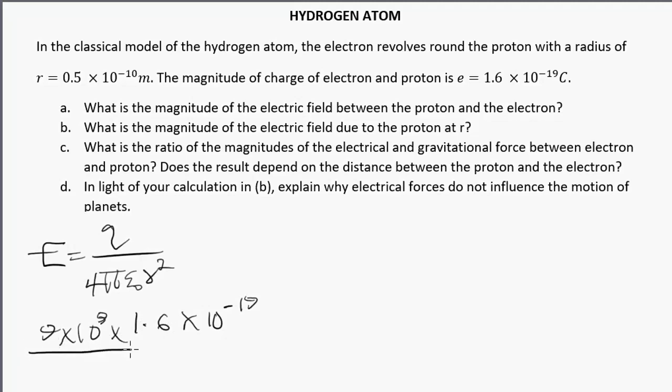And this is over the square of the distance here, which is 0.5 times 10 to the power of minus 10. We'll go ahead and write this, 0.5 times 10 to the power of minus 10, and then we'll square this because r is squared here.